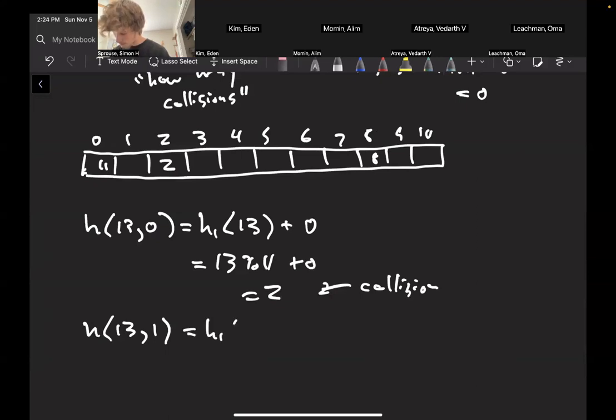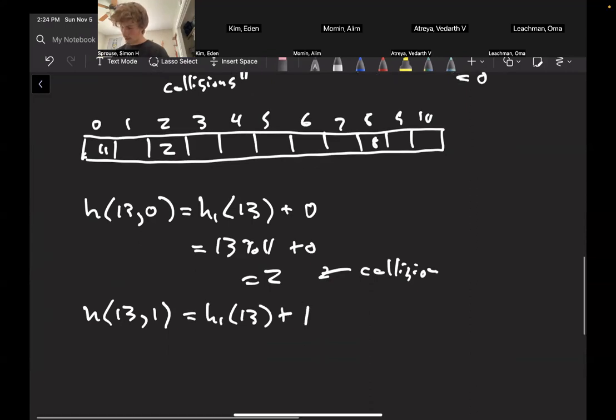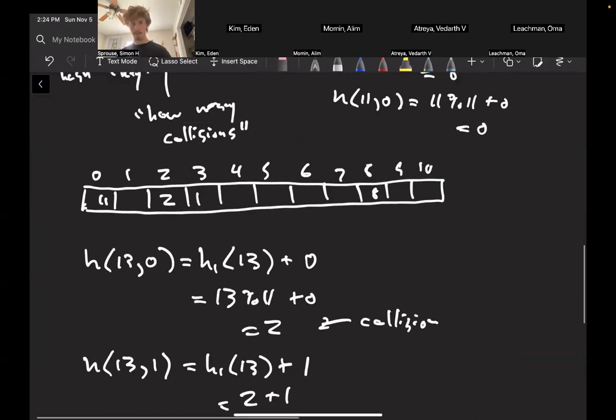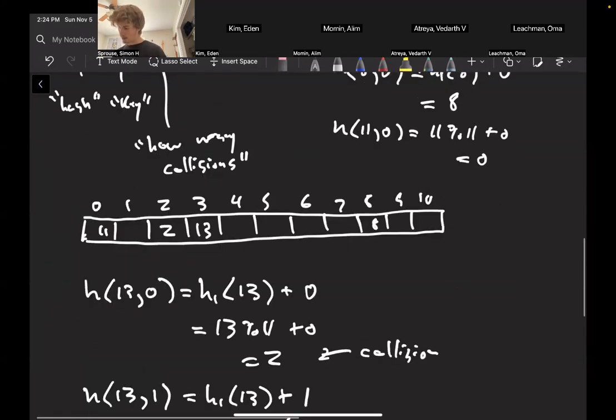This value stays the same each time, but now we are adding the number of collisions. So 13 mod 11 was 2, plus 1, and this is 3. As you can see, 3 is empty, and 13 will go here. So collision avoided.